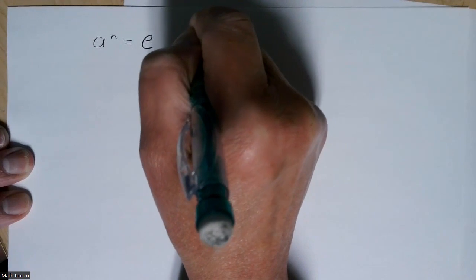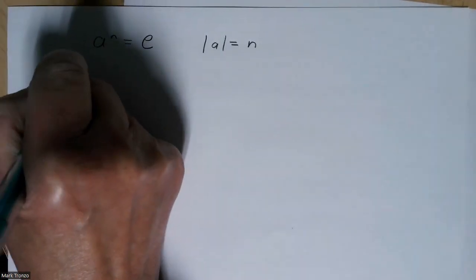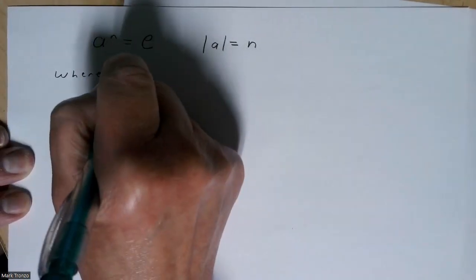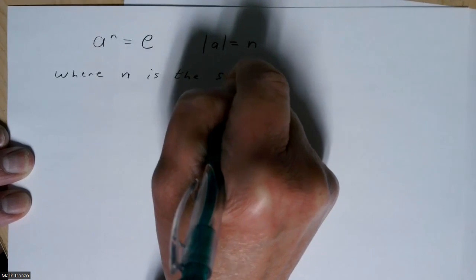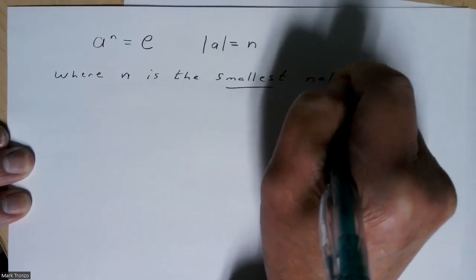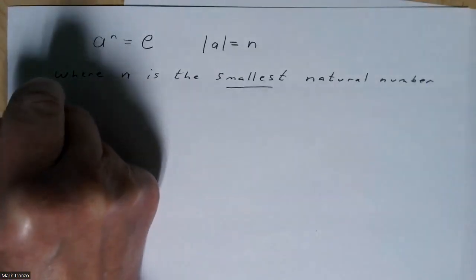So when I say A to the n equals e, then the order is n, where n is the smallest natural number for which this is true.